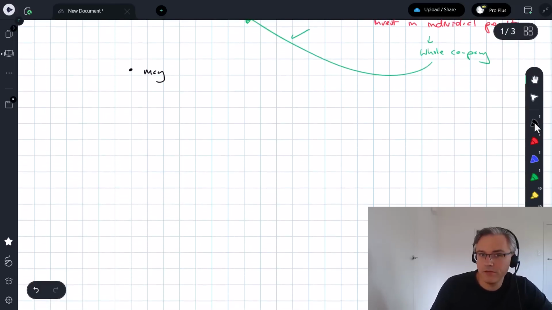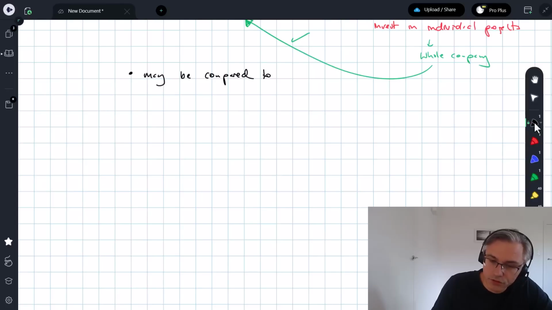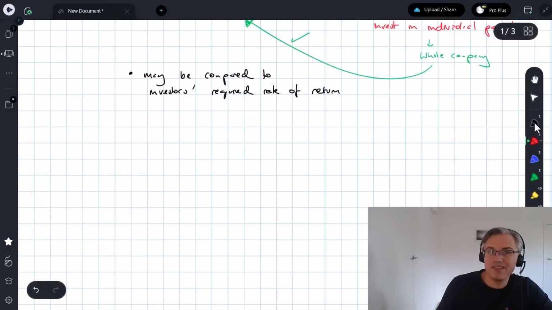And this measure, so we're still talking about the advantages, right? The benefits of return on investment capital. It may very instinctively easily be compared to the investor's required rate of return. And your book here talks about comparisons done by the company.